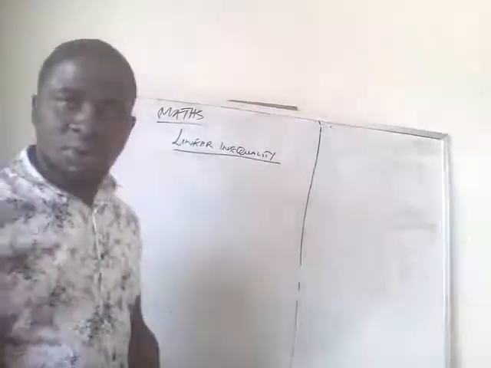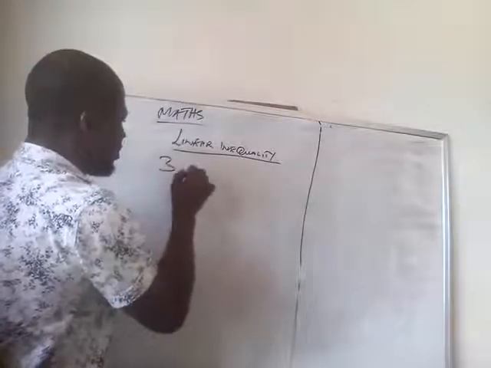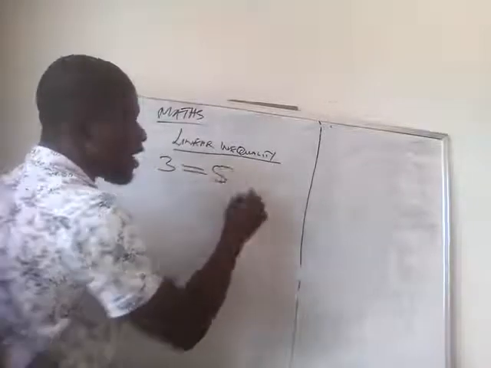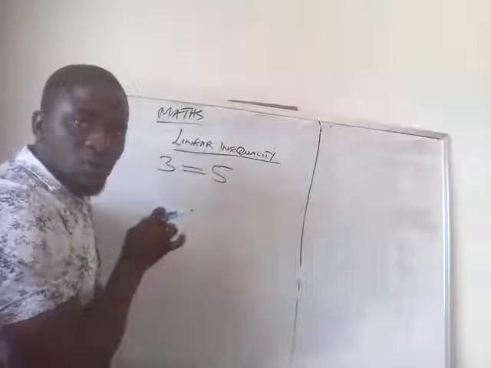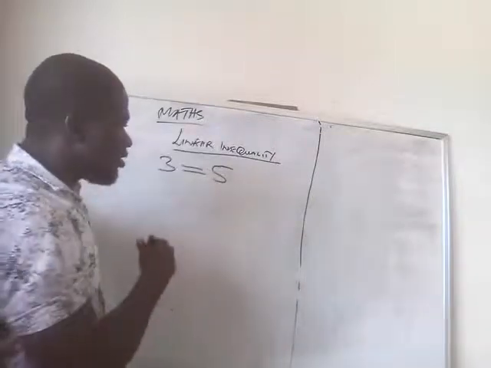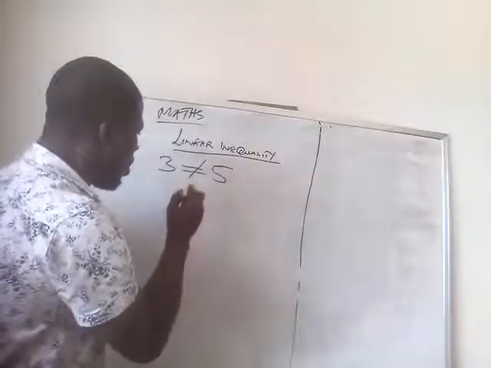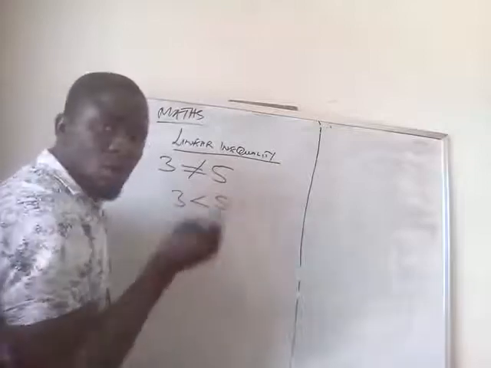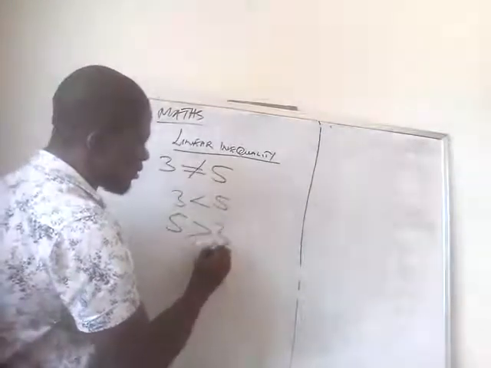Before the example, you believe me that there is no way you will say that 3 is less than or equal to 5. 3 is not equal to 5. So the best way to write this now is that 3 is not equal to 5, or 3 is less than 5, or 5 is greater than 3.